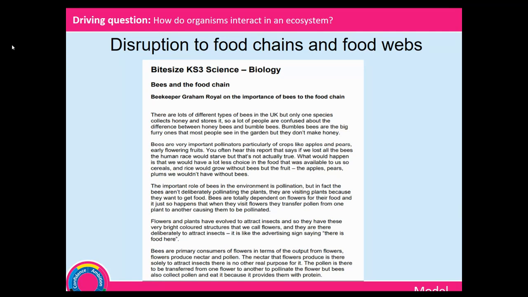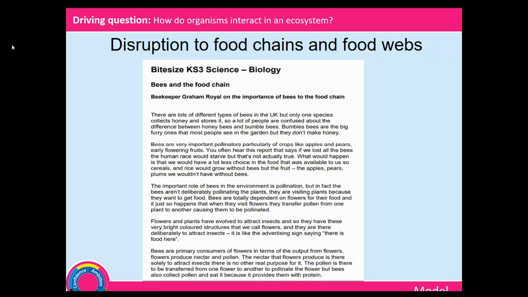You often hear this report that says if we lost all the bees, the human race would starve, but that's not actually true. What would happen is that we would have a lot less choice in the food that was available to us. So cereals and rice would grow without bees, but the fruits, the apples, the pears, the plums, we wouldn't have without bees.